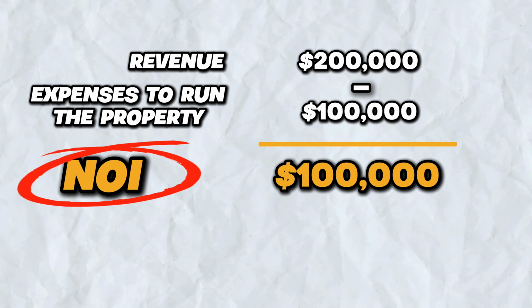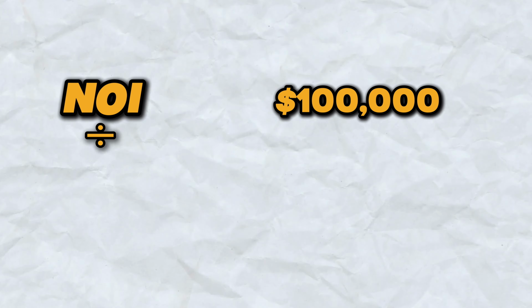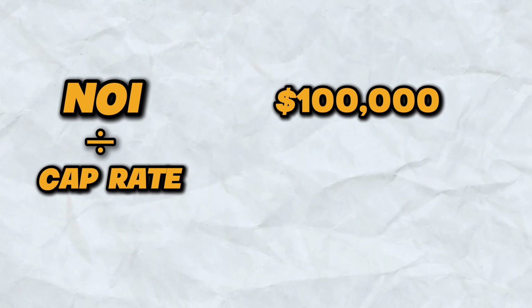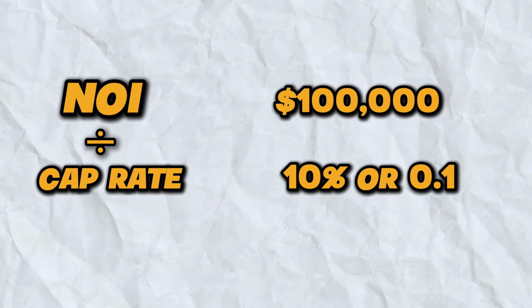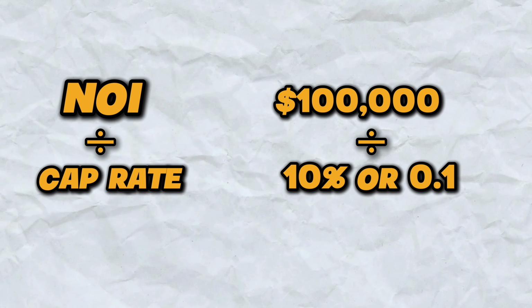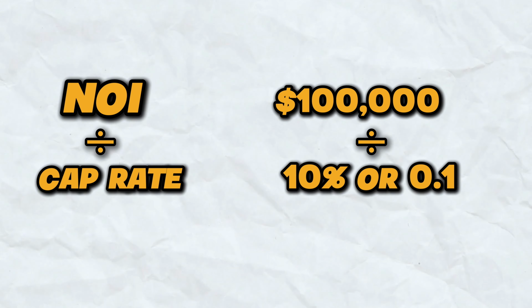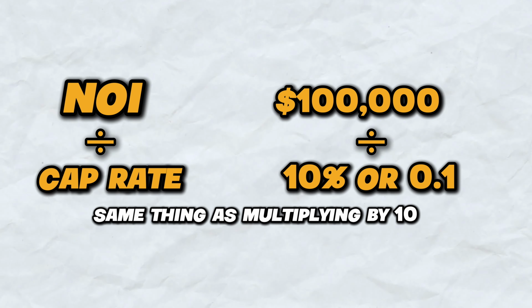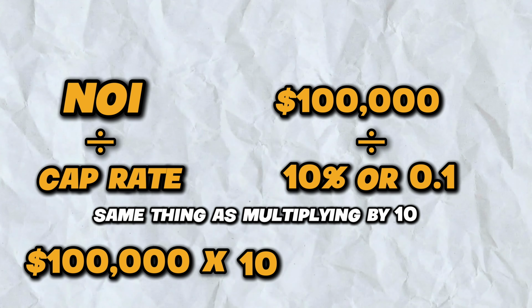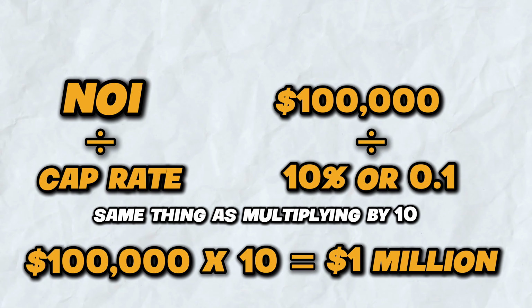That's your NOI, remember? And you divide it by the cap rate. So let's pretend, just for easy numbers, it's 10% or 0.1. If you divide 100,000 by 0.1, it's the same thing as multiplying by 10. So the multiple would be 10. So 100,000 times 10 equals $1 million.